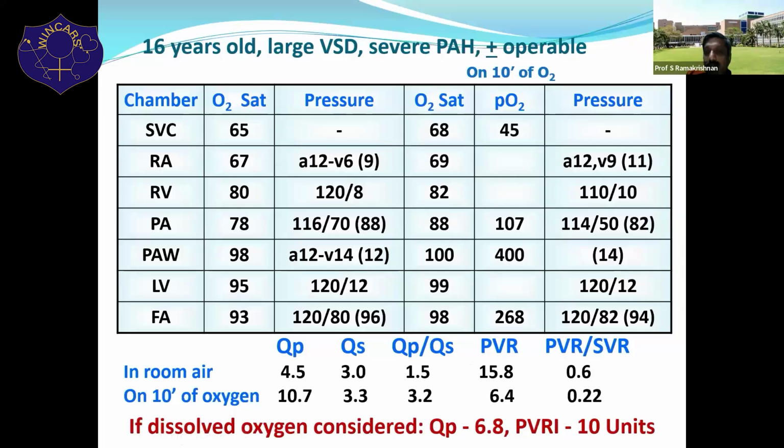The moment you put dissolved oxygen into the same equation by taking into account the PO2, the PVR increases to 10 units. So anybody who does an oxygen study must take into account the dissolved oxygen content. That is the key message from this slide. You can make somebody operable to inoperable, or inoperable to operable, by making these small mistakes. Clear?